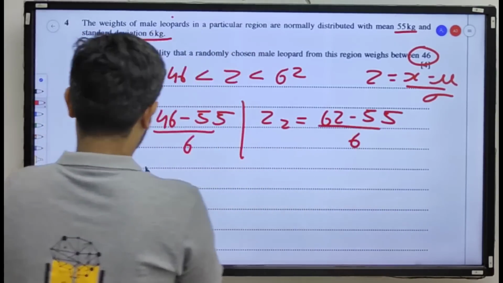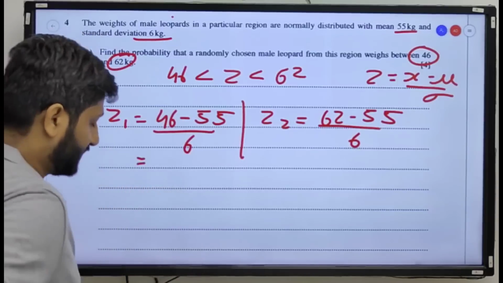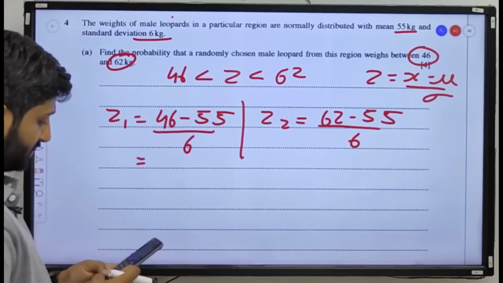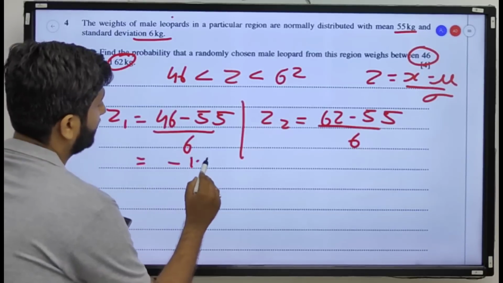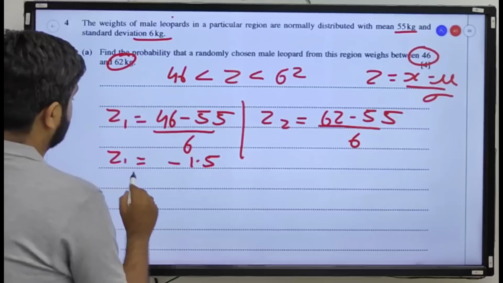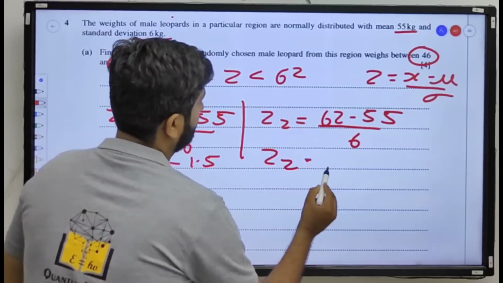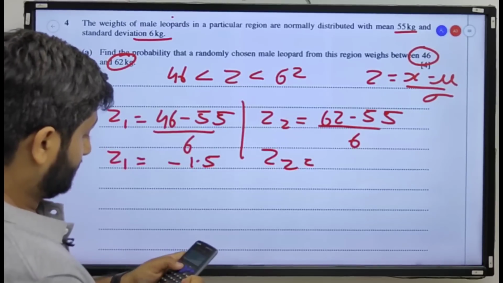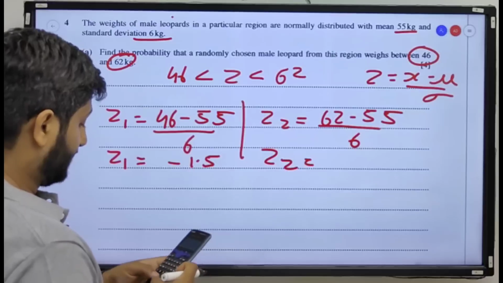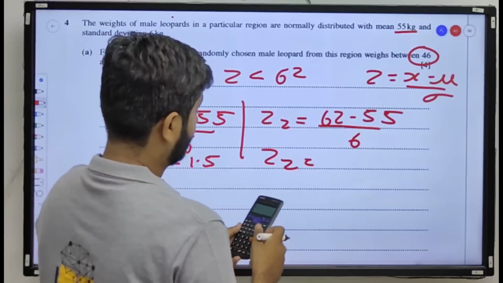So my Z1 is 46 minus 55, which is minus 9, divided by 6, so minus 1.5 is my Z1. And my Z2 is 62 minus 55, divided by 6.